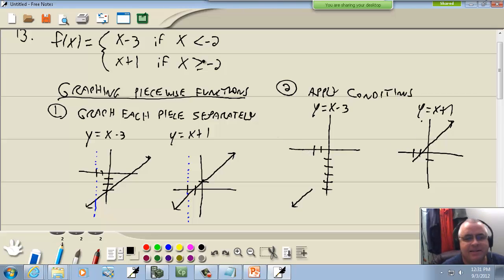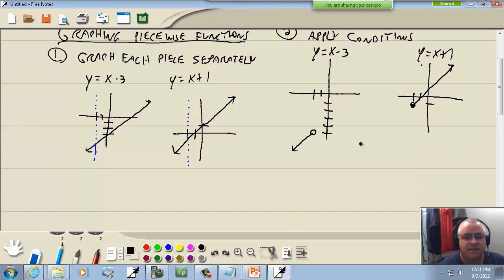Now x is less than negative 2. That doesn't include negative 2, so this is going to be an open dot here. Now x is greater than or equal to, that includes that, so we're going to put a closed dot right there. Okay, step 3. We're going to merge into one graph.